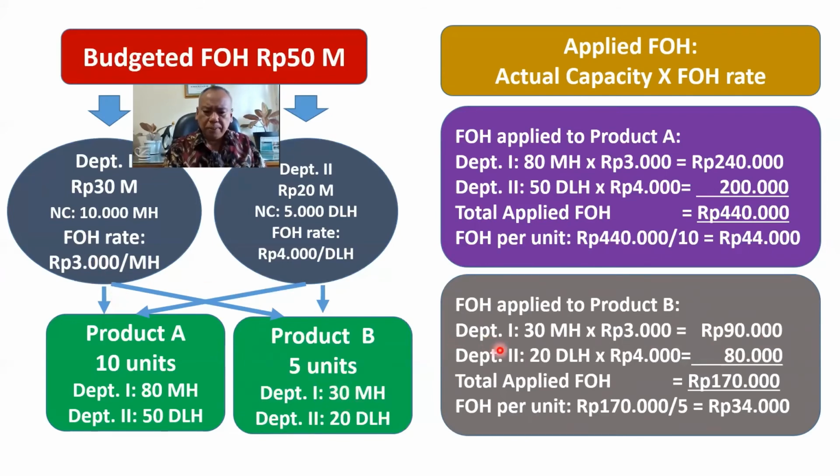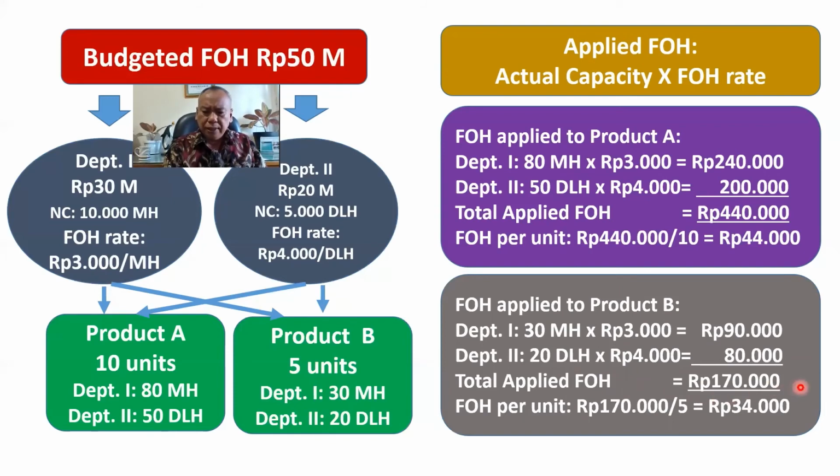And then for department 2, it takes 20 direct labor hours, and the rate is 4,000. So 20 direct labor hours times 4,000 is 80,000. So the total applied factory overhead is 170,000.